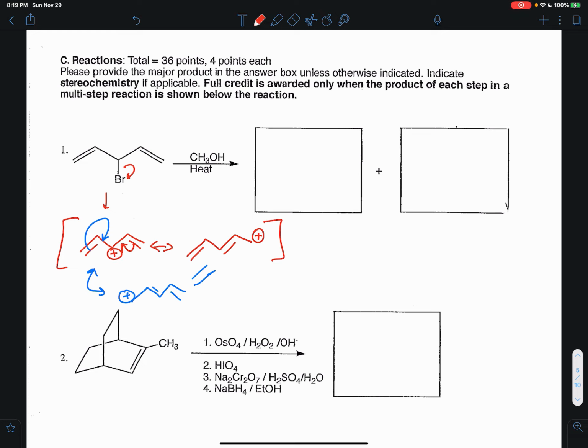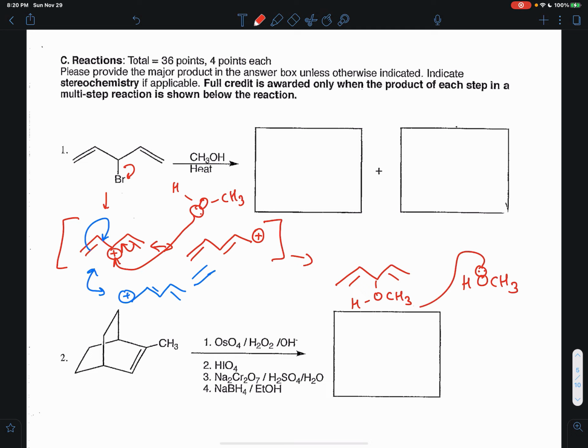What's going to happen is the OCH3H with the lone pair is going to come in, attack this positively charged carbon. Once it attacks it, I'm going to form an OCH3 with the hydrogen here. Now another OCH3H is going to come in and grab this hydrogen, and I'm going to end up with one of the products, OCH3 being here.